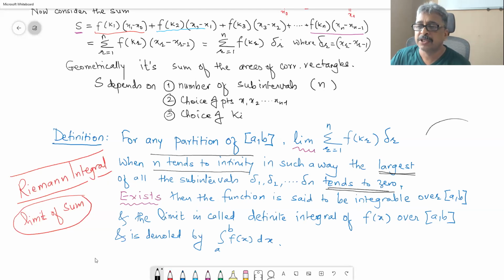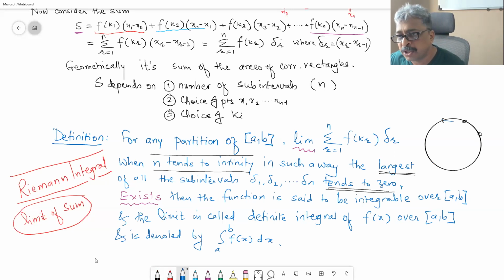Understand this. While considering the circumference, you put the pins and find the circumference by putting a rope around those pins, but then it is a polygon. So we said the number of pins should be infinitely many. That is what is captured here. And you cannot put infinitely many pins only in one part.